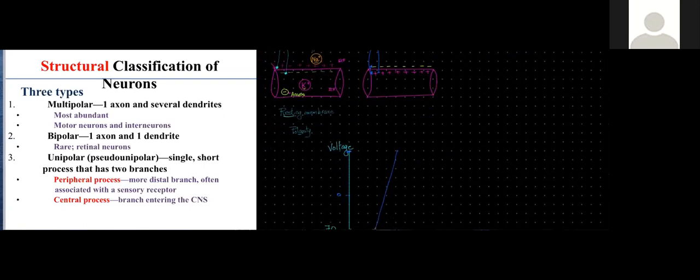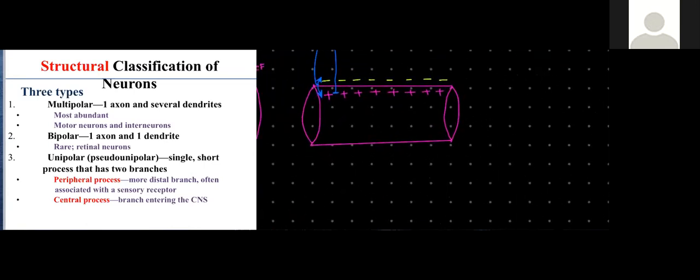Once I reach enough voltage, I need to go back to my resting membrane polarity. I need to reach back to become negative 70 millivolts.